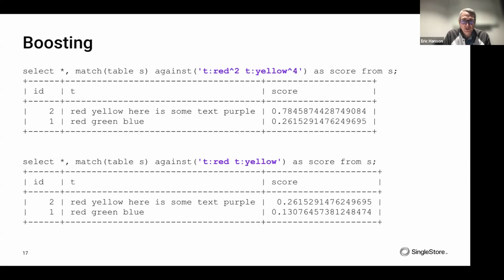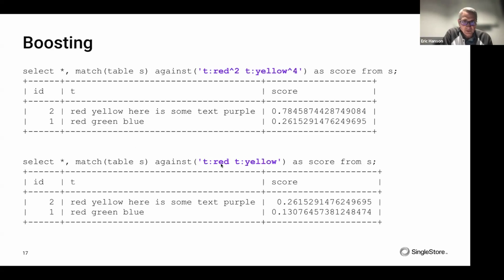The default is 1. If you don't use that little hat character with a number, everything defaults to boost 1. So looking for red and yellow. Red and yellow both appear in the first one, and only red appears in the second one. So you see it got a pretty high score, a boosted score from that.